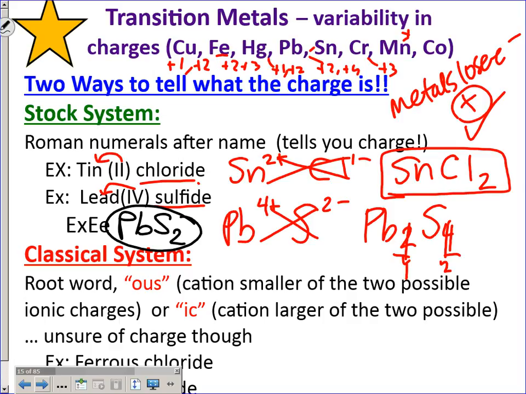No. If you take that lead, PbS2, and you crisscross it back up, it looks like lead has a 2 charge, right? It looks like sulfur has a what? -1. And then you go, not sure about that. Look at sulfur. Heck no, sulfur can never have a -1 charge, ever, because it's in group 6, so it gains 2 electrons.